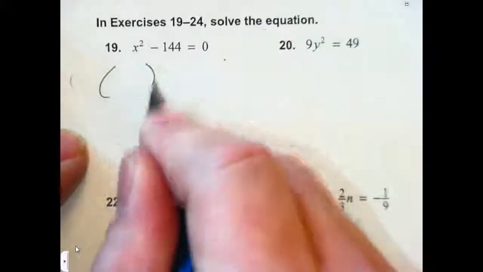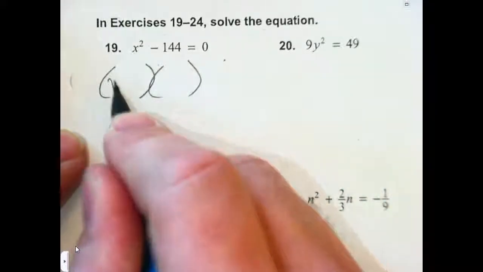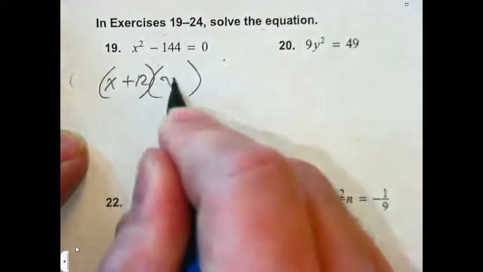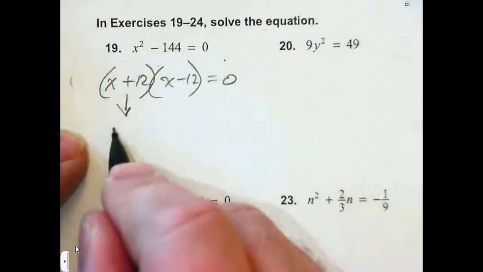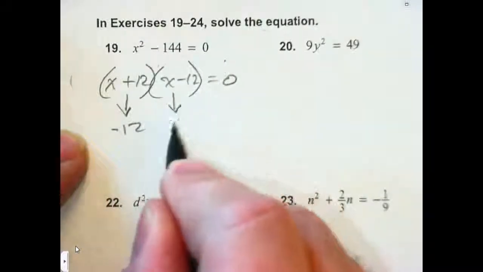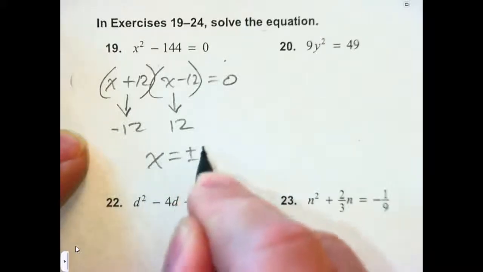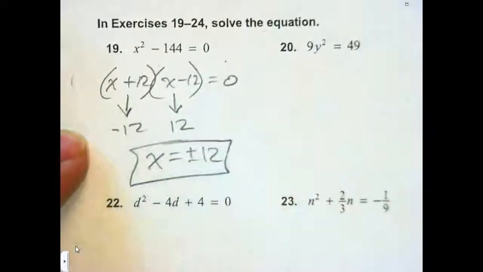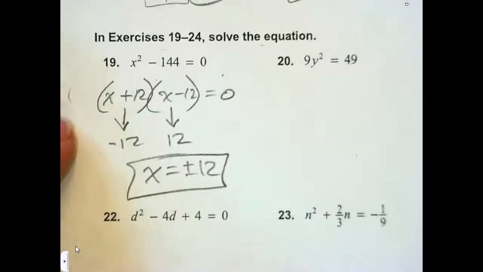Now, if you know how to do it, you should be done already. What is it? Good. X plus 12, x minus 12 equals 0. What answer do you get here? Negative 12, and here? Positive 12. So my solutions are x equals plus minus 12. And remember, it has to equal 0 first.